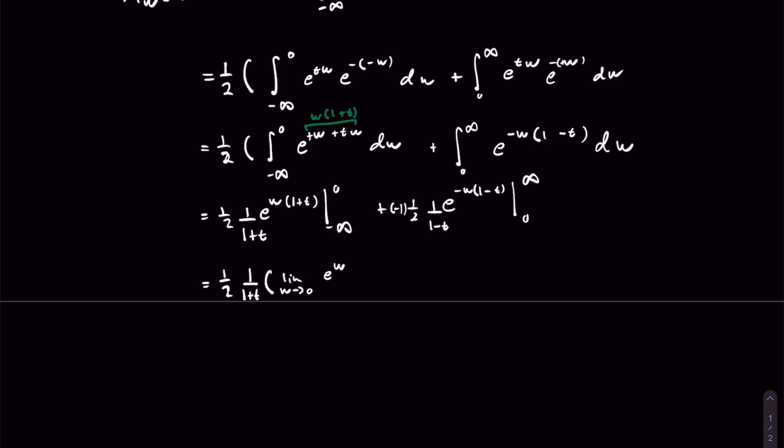And where are we now? Right, 1 plus t, and then minus this limit, where w is going to minus infinity, e to the w 1 plus t.